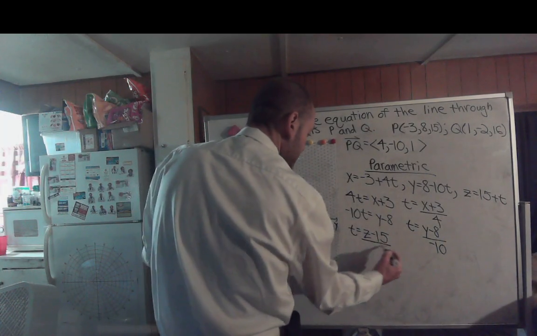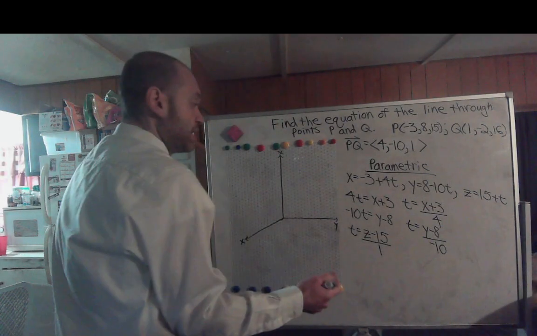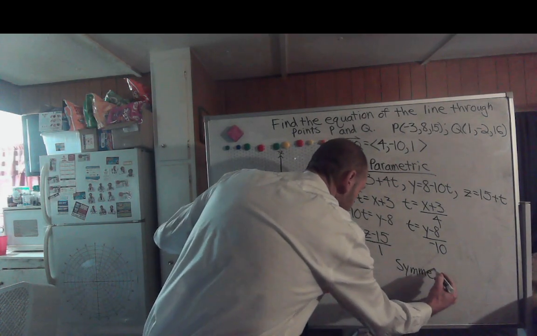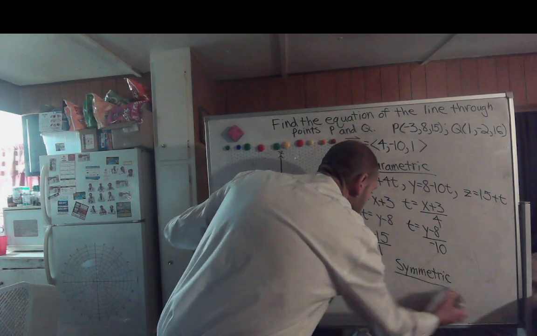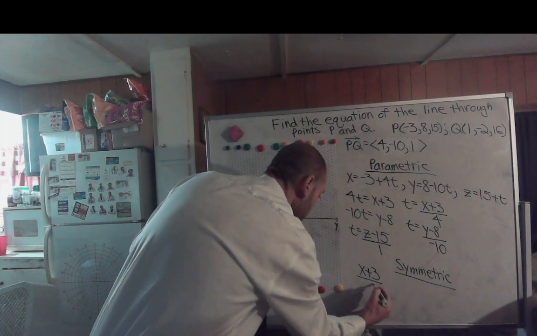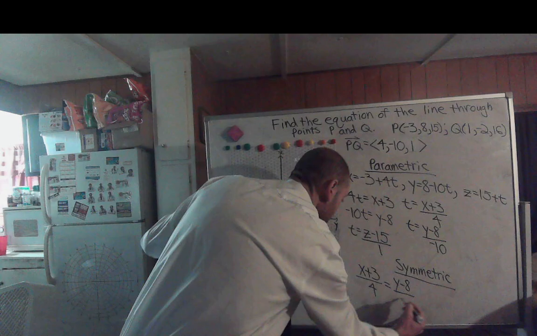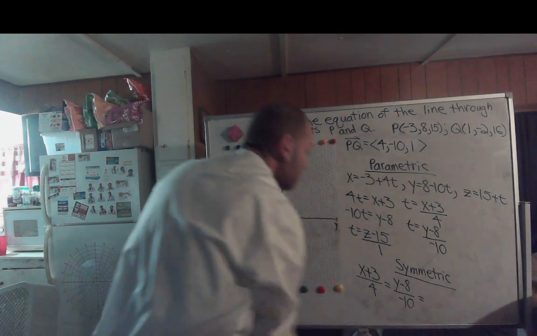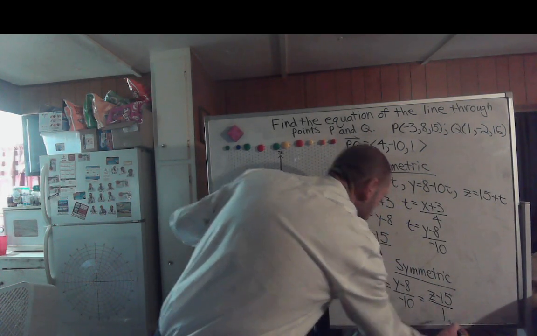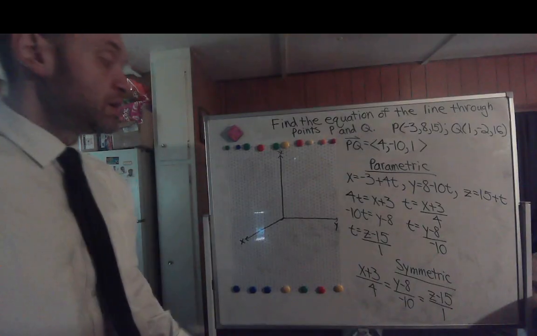But we should really put that divided by 1 since it's a symmetric equation. So now we got our symmetric equations since we solve for t. So we got x plus 3 over 4 equals y minus 8 over negative 10, which equals z minus 15 over 1. And there are your symmetric equations.